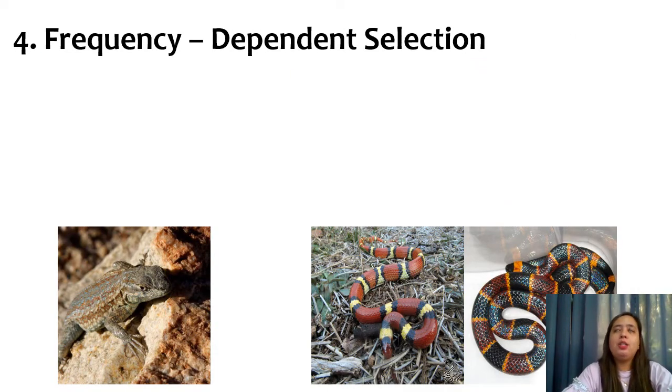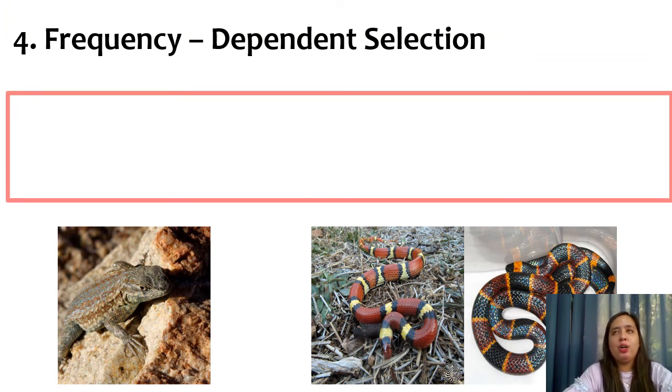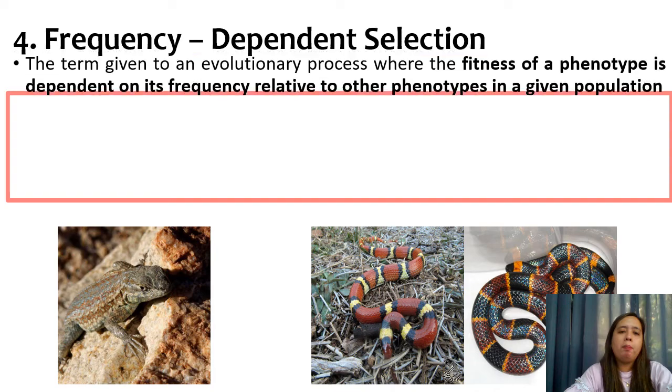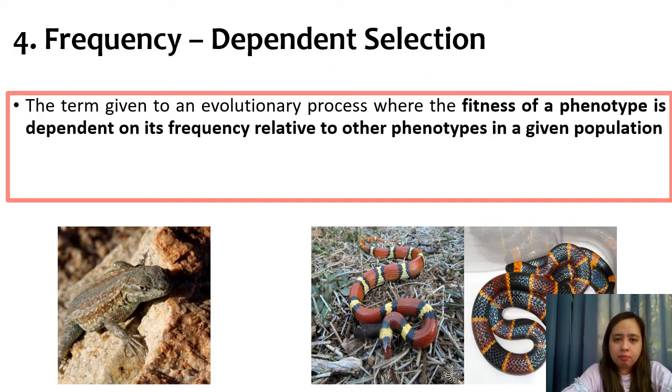And then the fourth type of selection is what we call frequency-dependent selection. Here, the talk is about the frequency of the population or organism. It is the term given to an evolutionary process where the fitness of a certain phenotype is dependent on its frequency relative to other phenotypes in a given population.